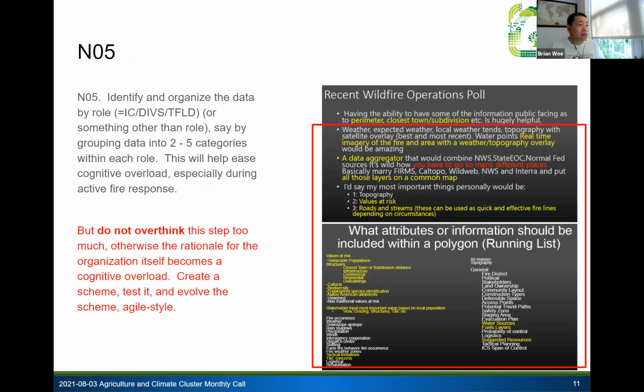Okay, last need is number 5. This one we have not discussed at all. But here's where it affects thinking about how you identify and organize the data. Clearly, Dave has presented in his presentations a lot of different types of data and different attributes, for example, attributes of polygons, attributes of technical opportunities.